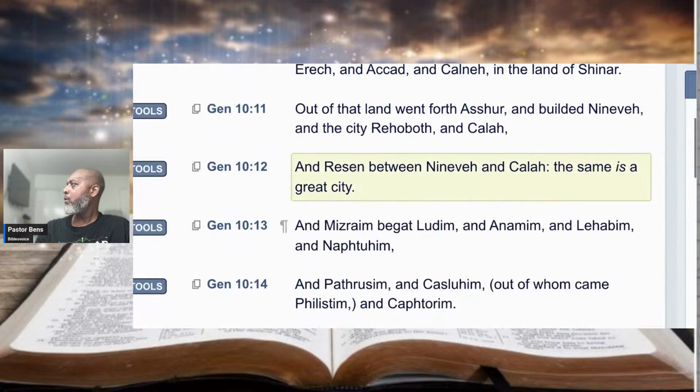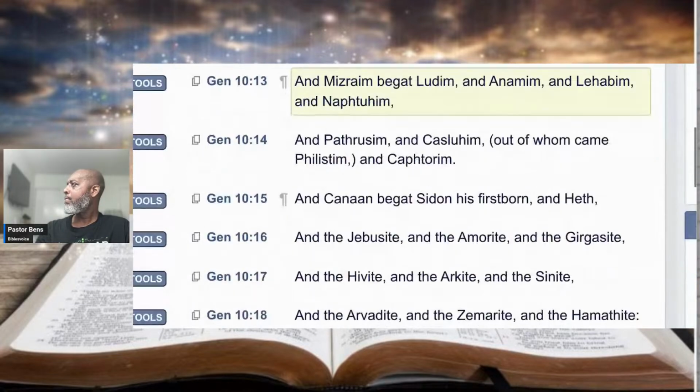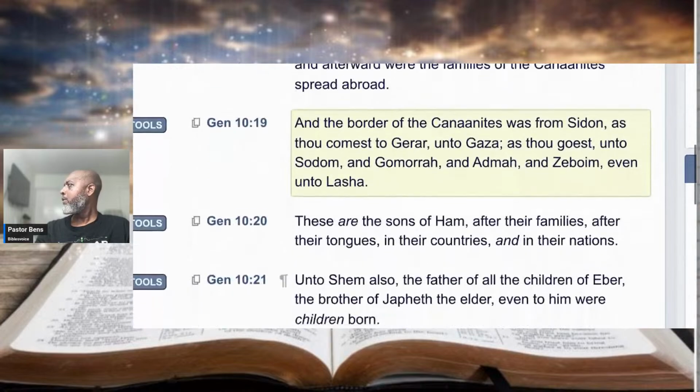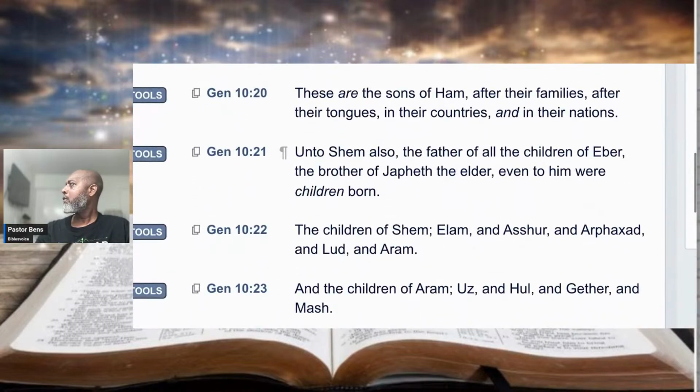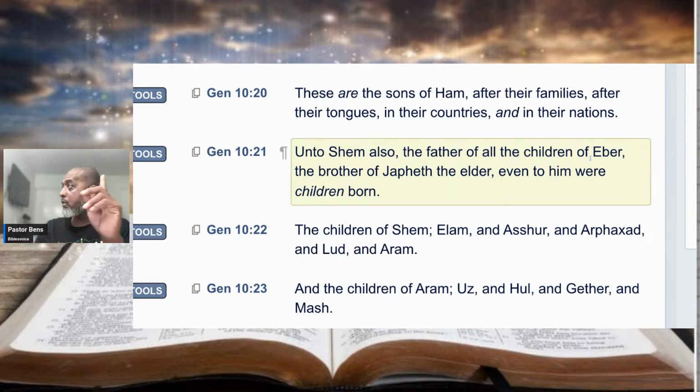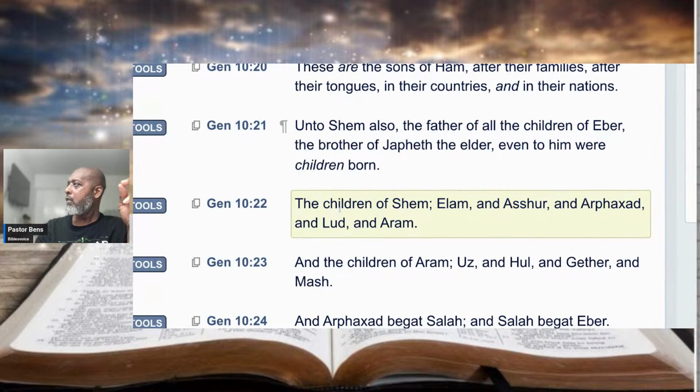You guys know who the sons of Shem are, yes? Here we go, verse 21. Unto Shem also, the father of all the children of Eber, the brother of Japheth, the elder, even to him were children born. Watch this. The children of Shem: Elam, Ashur, Arphaxad, which the line came through Arphaxad. If you look at Arphaxad's line, that's who Eber came through and the Israelites.